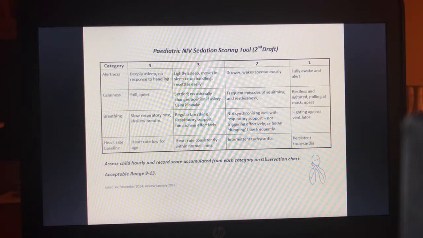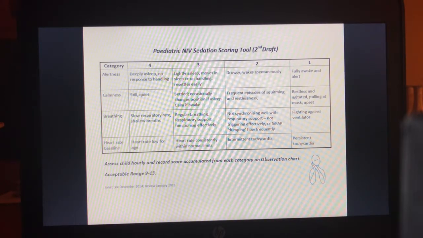But if you're using longer term sedation, that's clearly not going to work because the children also need their rest. So she came up with this, and we decided clinically that an acceptable score range of 9 to 13 was the range that we would aim for.